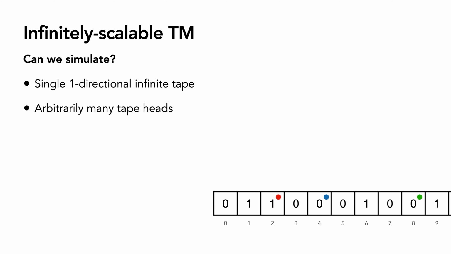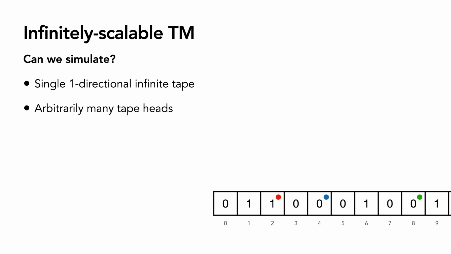Specifically, the easiest way to do that is going to be to put them in the alphabet. And so for every character on the tape, rather than just storing the character itself, it is the character and also whether or not the red head is at that position, whether or not the blue head is at that position, and whether or not the green head is at that position.